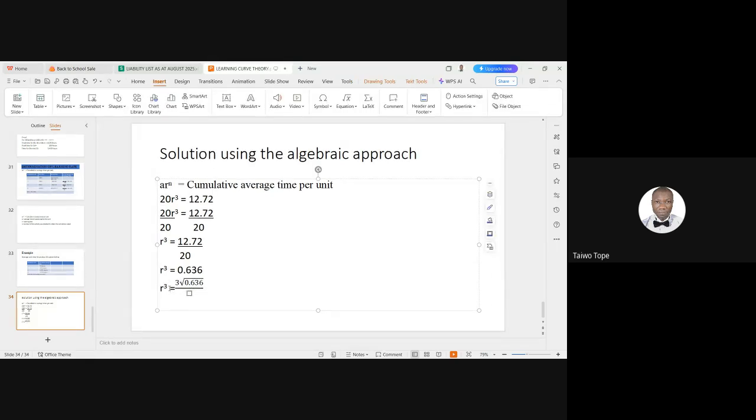So to get the value of R, we cancel it, and we'll be left with just R. And R will be equal to the cube root of 0.636.